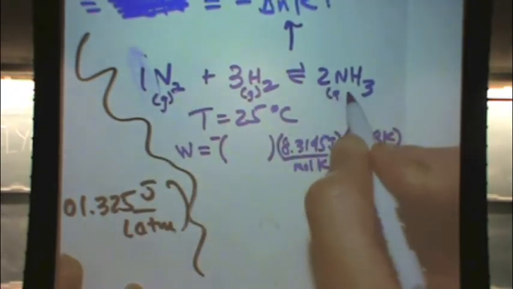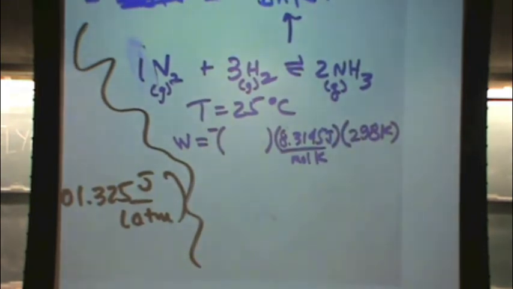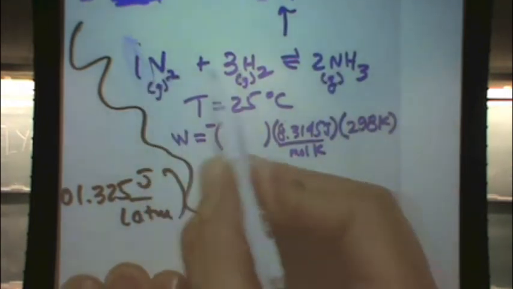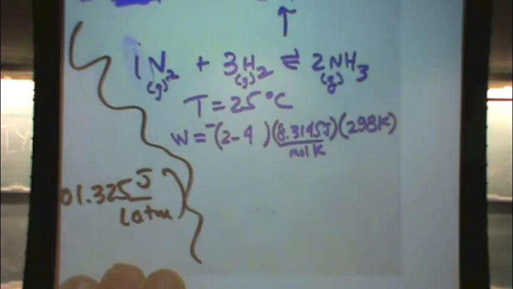On an exam they would definitely be labeled. If they're not, ask your TA. But this delta N is only for gases. If you see a liquid, a solid, or aqueous, ignore those for N because we want moles of gas. Remember, it's from the ideal gas law. So in this case, what would be delta N? 2 minus 1 plus 3, or 2 minus 4.